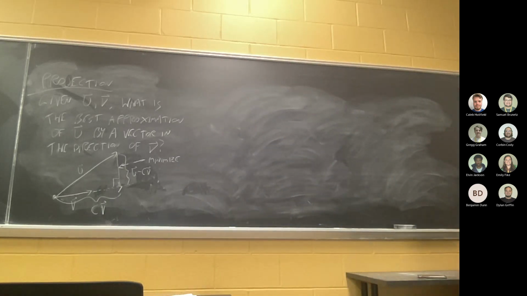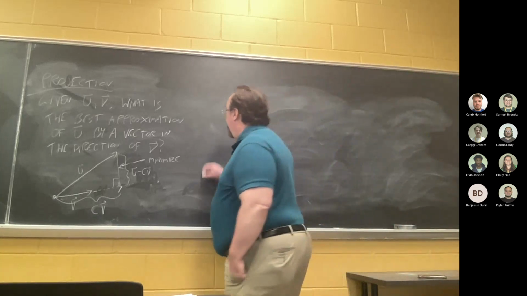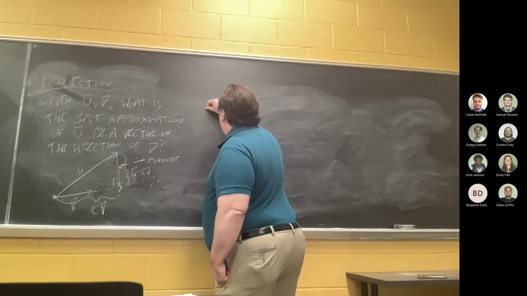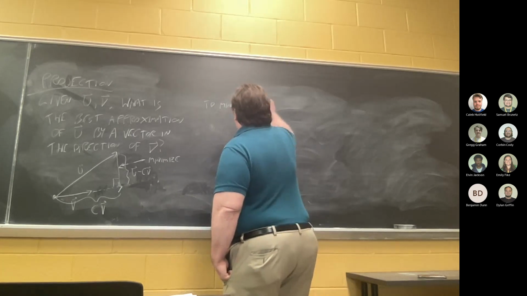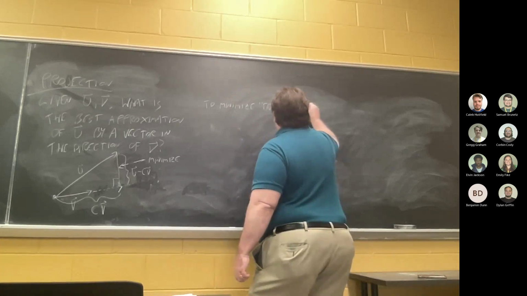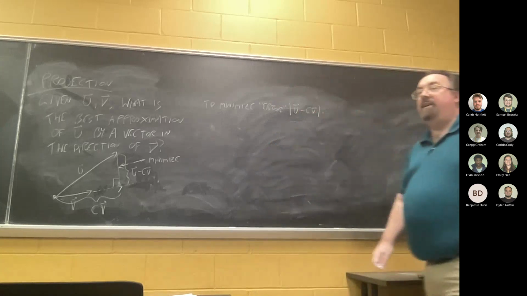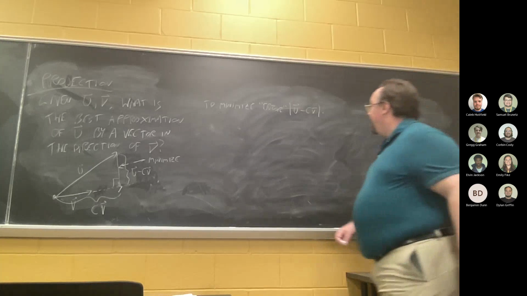Okay. So to minimize what I'll refer to as the error, which is the magnitude of u minus cv. So u and v are given. It's only c that has to be determined, and c is a constant.